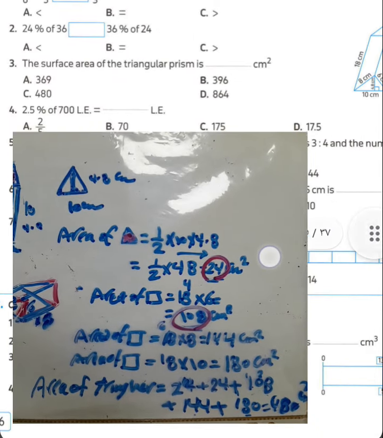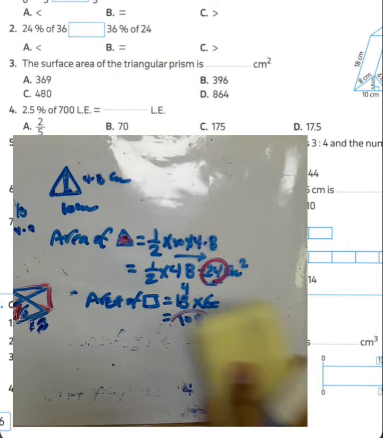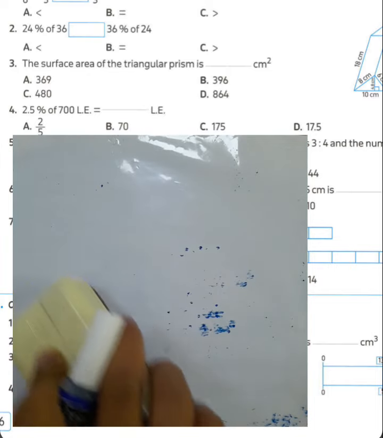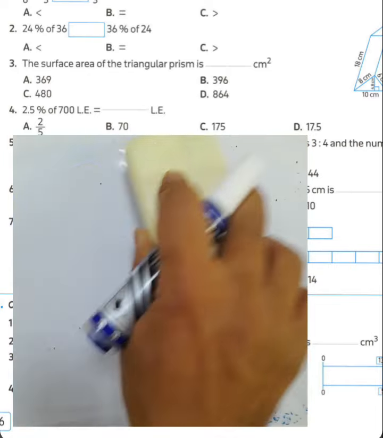Next example, question number 4. 25% of 700, it means 25 product by 700 over 100. Okay, because 25% means 25 over 100, the percent ratio between two terms, the second term equal 100.